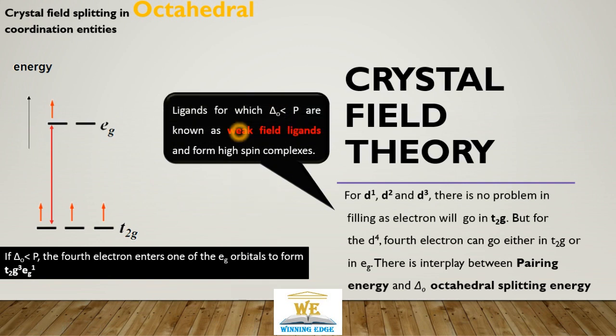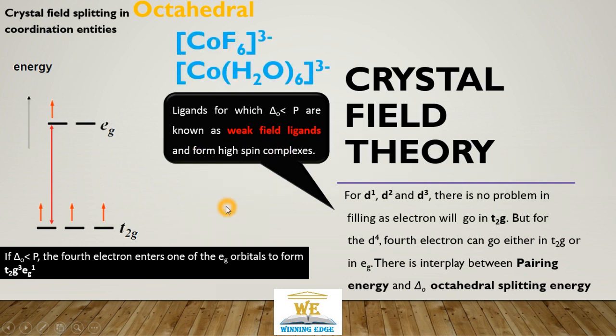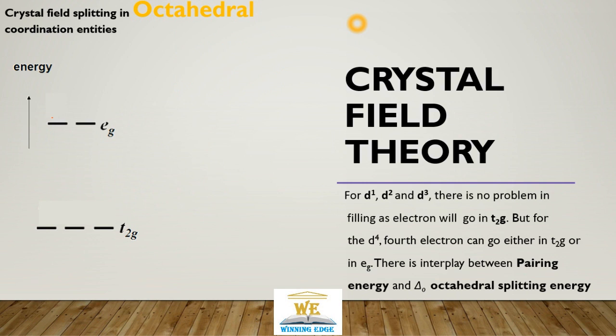So weak field ligands give low octahedral splitting, and that gives us high spin complexes. Cobalt hexafluoride and the aqua complex with cobalt are examples of weak field complexes.